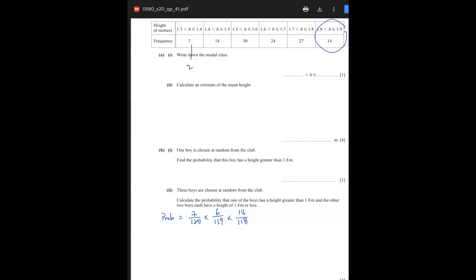Okay, now remember the trick. The order in which we choose these boys doesn't matter. So let's say this is B1, B2, B3. I can also make it B2, B1, B3. I can also choose it B3, B2, B1.